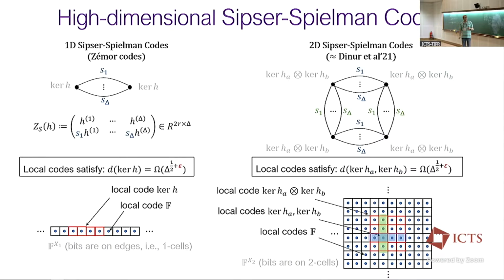I will describe this property in a minute, but I should say that in high dimensions, it no longer corresponds either to agreement testability or to robustly testable codes. So it's a different property. But in two dimensions, you can choose one of these and they are all equivalent if the local codes have good distances. In this case, they are all equivalent. But I will describe it.